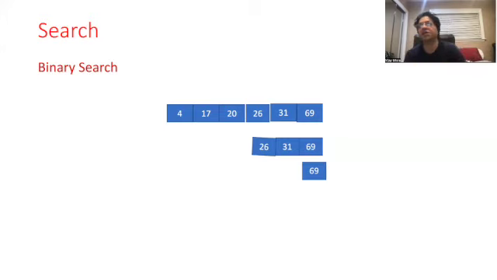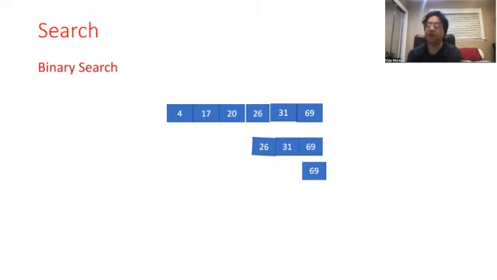So for example, here if you are looking for number 69, and we have 6 elements, the first thing we'll find is the number 20, which is exactly at the mid value. But we are looking for 69, so we'll search the right half. The left half is completely eliminated, and then in the right half we see the number 31.